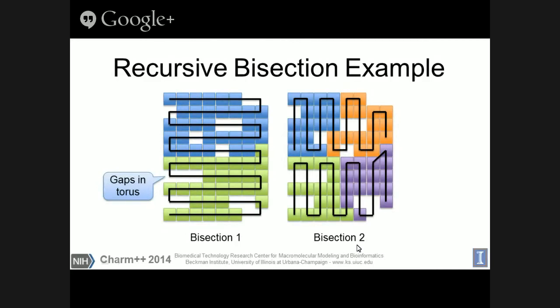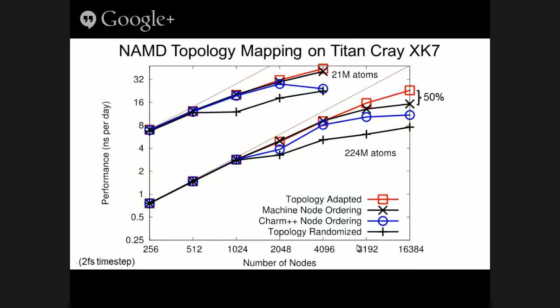That gives us a good mapping between the structure, with minimal work on each physical node, and it makes a pretty good difference. Running on Titan at the largest scale of the machine, we actually see a 50% performance increase from doing that over what the machine's default node ordering is.